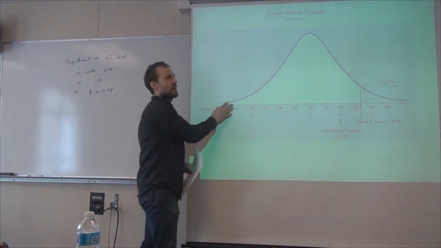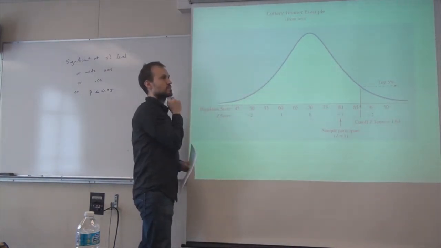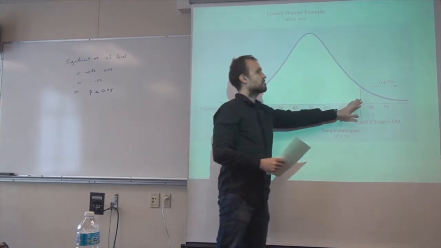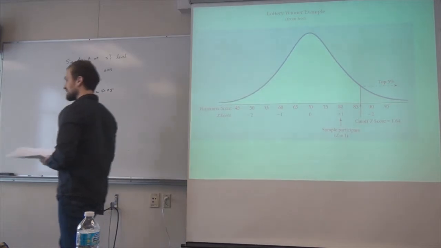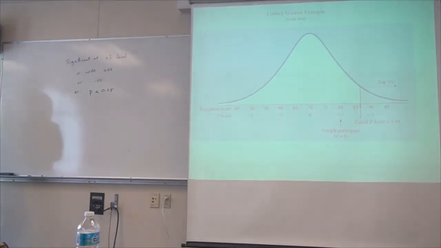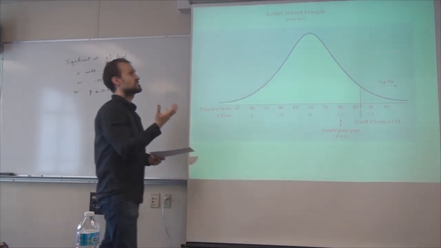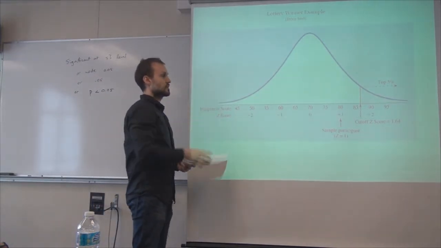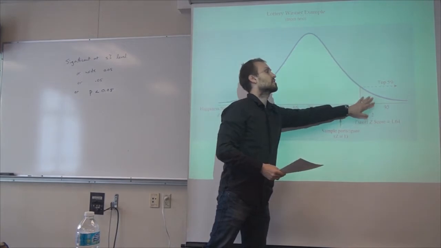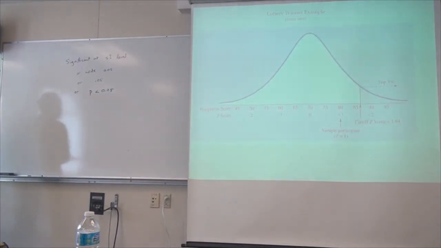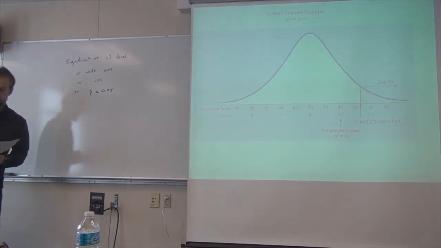If I found someone very unhappy, well, that doesn't really support what I was hoping for. So we have what is called a one-tailed test, that I'm only going to make a decision if I see a sample value that's on the right here. One-tailed test. I'm only interested in the one side of the normal curve.